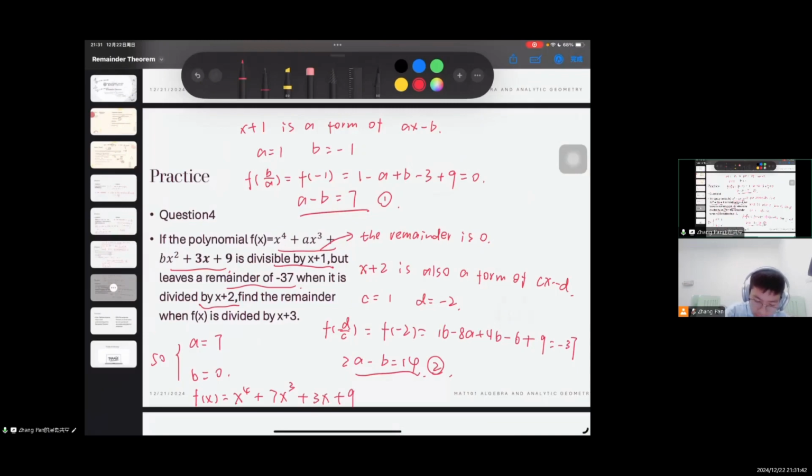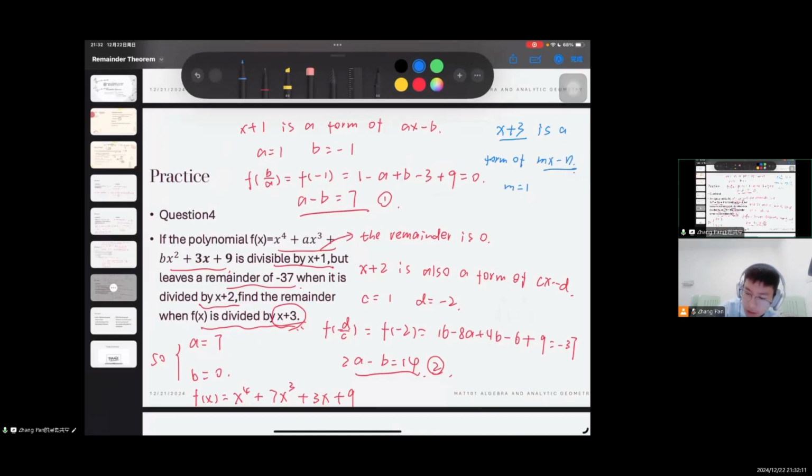If f(x) is divided by x plus 3, it's still a form of mx minus n, so we can use the remainder theorem again. Okay, x plus 3 is a form of mx minus n.